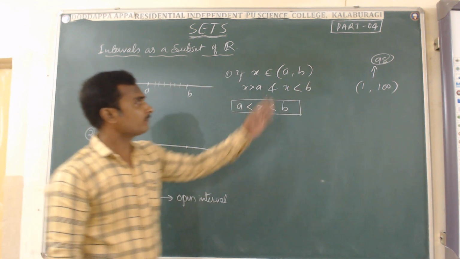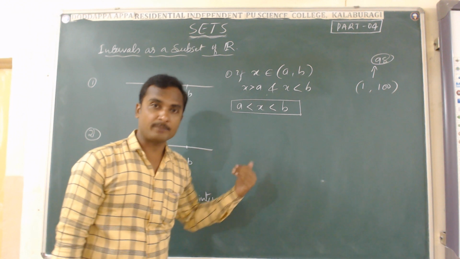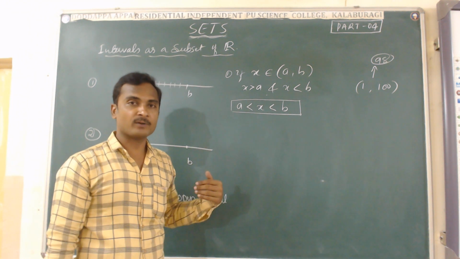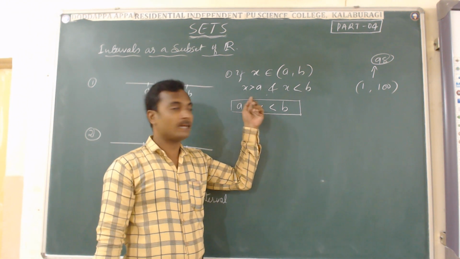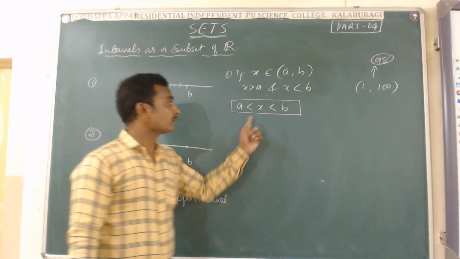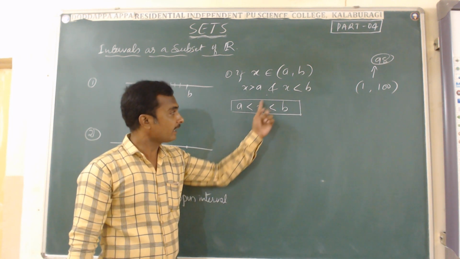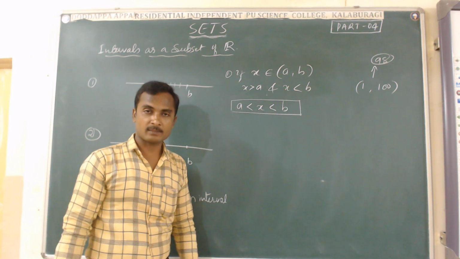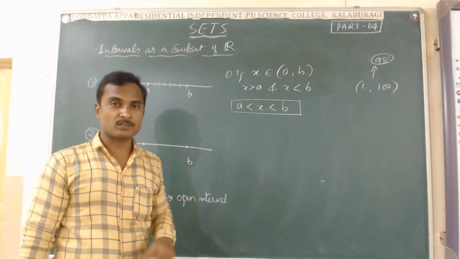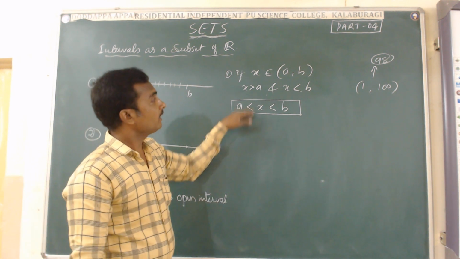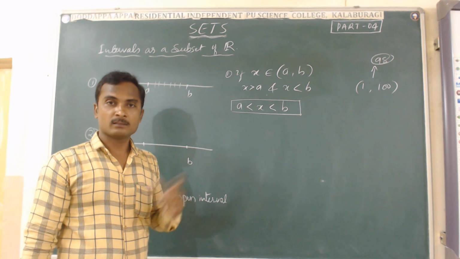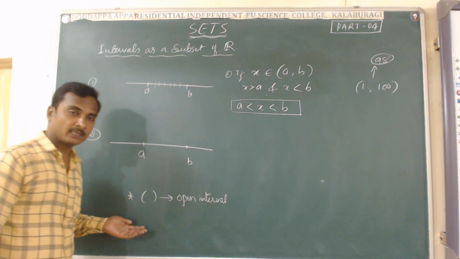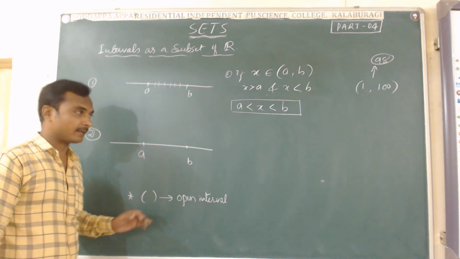It means between, after a and before b. So x is always more than a, and x is always less than b. There are two representations: one is in the inequality form and one is using the brackets.